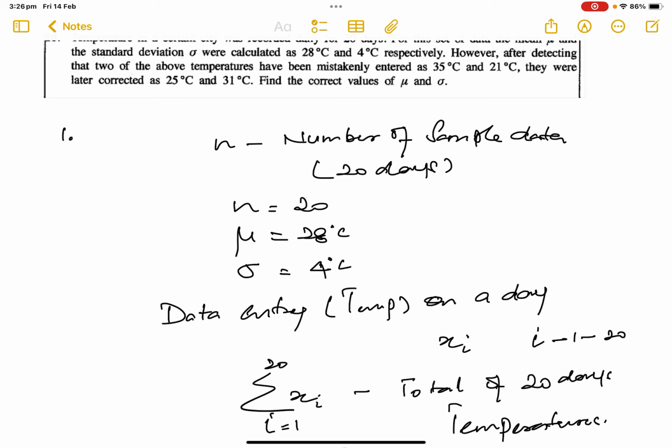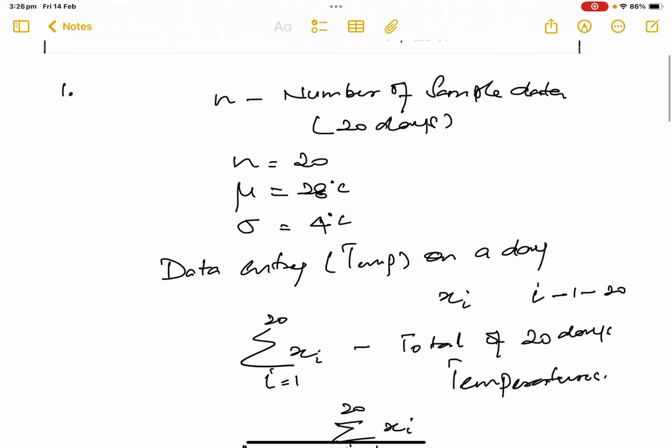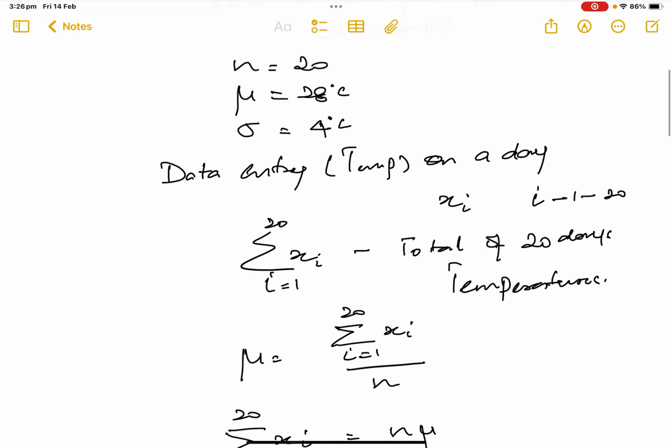And the standard deviation sigma is 4 degrees C. So the data collected, in common terms, I just put xi, i is 1 to 20. So x1 is first day, x2 second day, and so on.